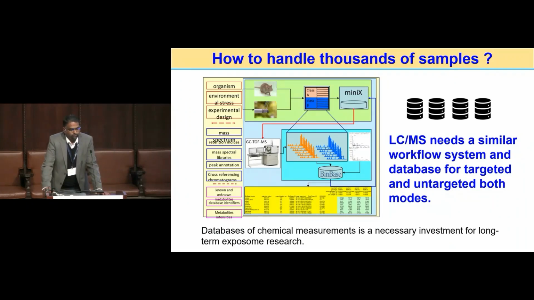The next point for blood metabolomics is that we don't want to handle 50 or 100 samples. We need to think about handling samples in the range of a million or 100,000. And if we want to go in that direction, we need to start thinking upfront about how we are going to put the collected data in databases.